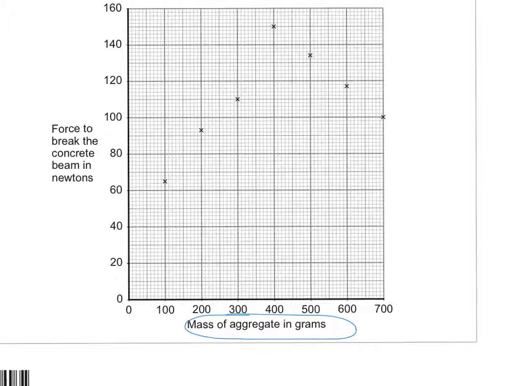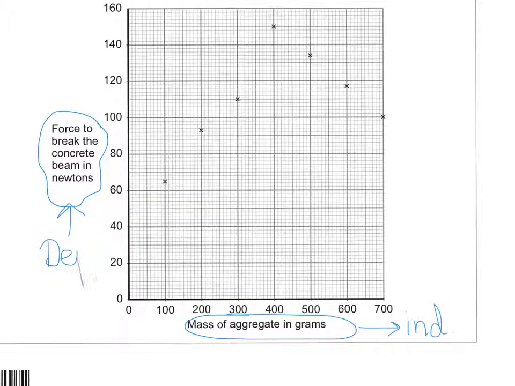And then we've got on the y-axis the force to break the concrete beam in newtons. Okay, now this one, because it's on the x-axis, is the independent variable, the one that we change in our investigation. And then this one on the y-axis is the dependent variable, or the one that we measure in our investigation.